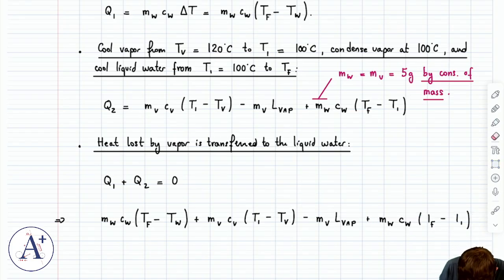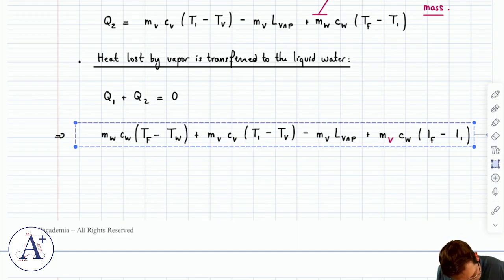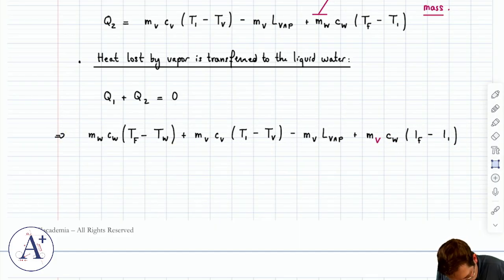I'm just going to go ahead here and change this to M vapor, right? Because that is 5 grams, all the same that this is 5 grams. Not to be confused with this is actually 100 grams of the liquid water at the beginning. Okay, all of this is equal to 0.